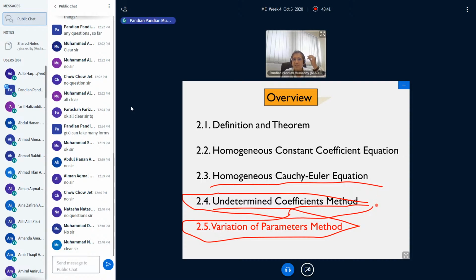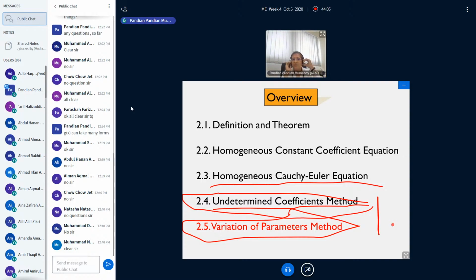For the non-homogeneous part, we have these two methods. Undetermined coefficient method, we already gave the table. Please check the table, how you write the Y_P, the predicted or forecast one, the one you guess, a smart guess.